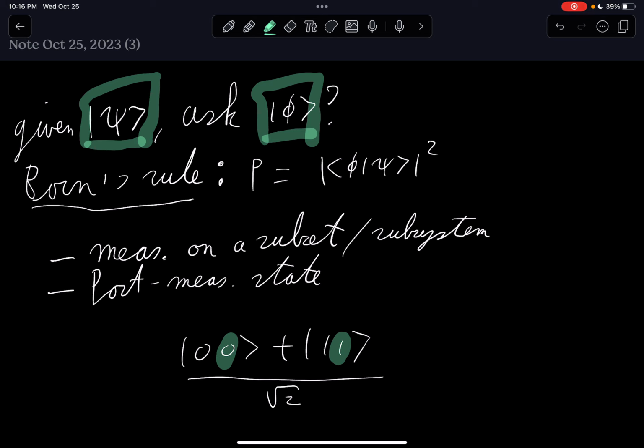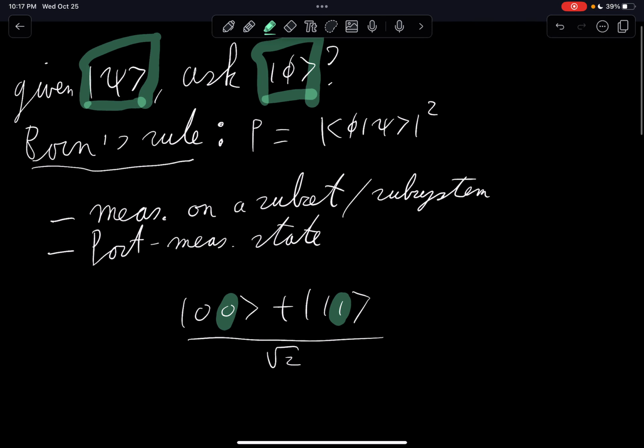In fact, this is really a very important part of understanding entanglement. If we measure part of an entangled state, what happens with the remaining part? So using this more general technique that I will discuss, we can calculate questions like that.